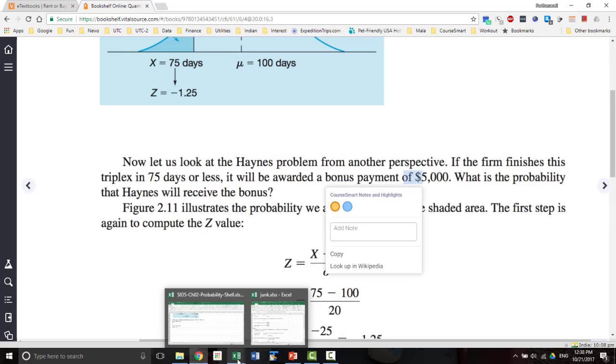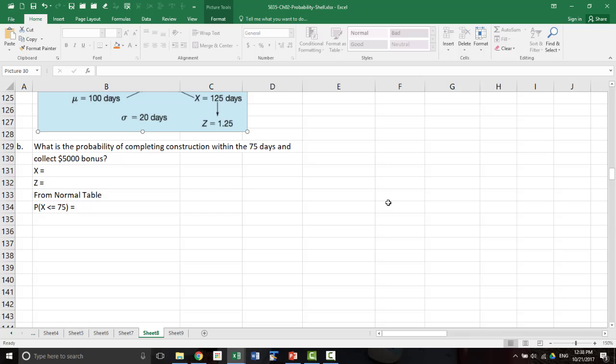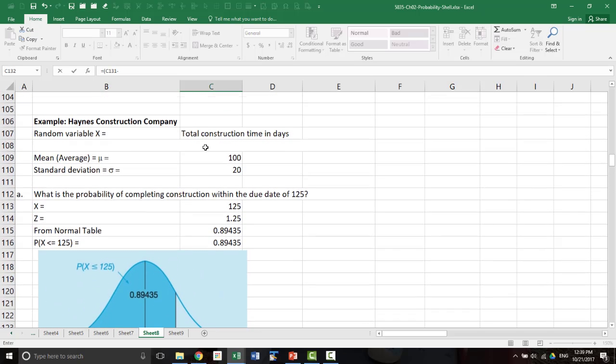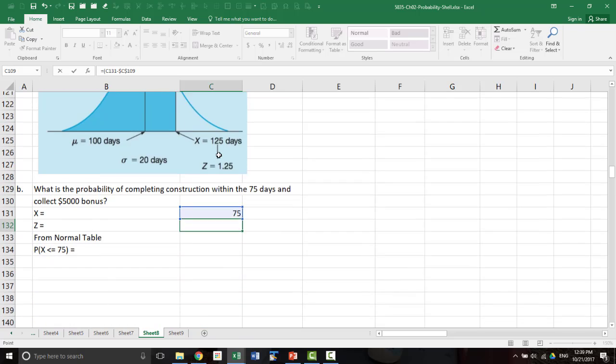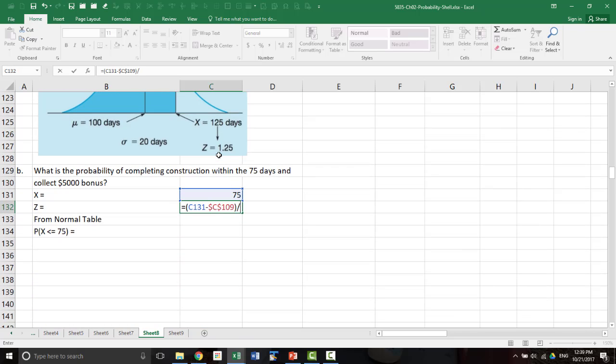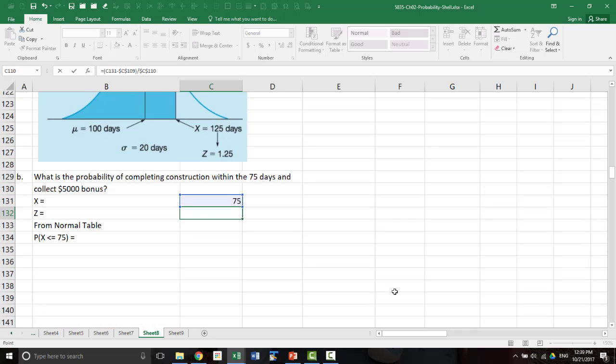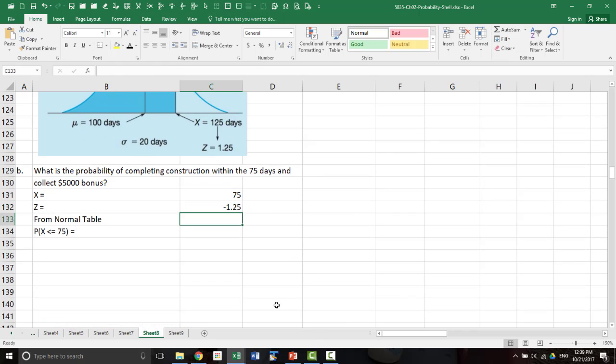So what is the probability that we'll be able to collect the bonus? Here again, 75 is the X that we want. Now Z is 75 minus the mean, with absolute reference so we can copy, divided by the standard deviation, again with absolute reference. So that is our Z.